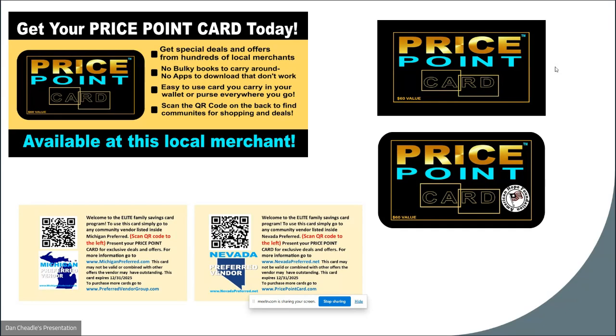And then, of course, those are the membership cards that you see on the right that go with that. So what you're looking at is the front of the card and then the back of the card. That's what's on the back. So that QR code is what the customer can scan.